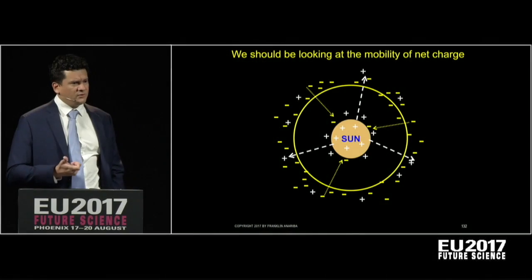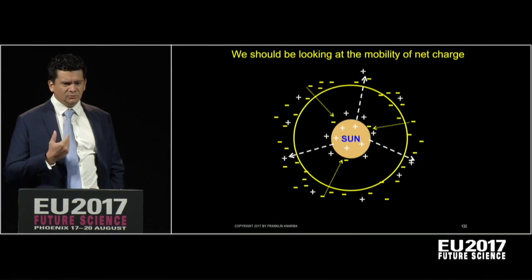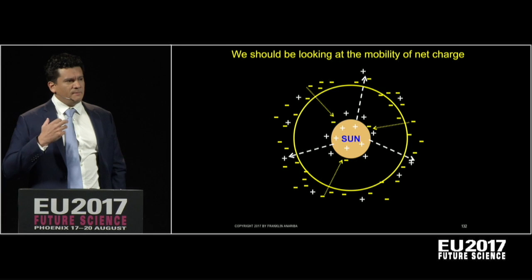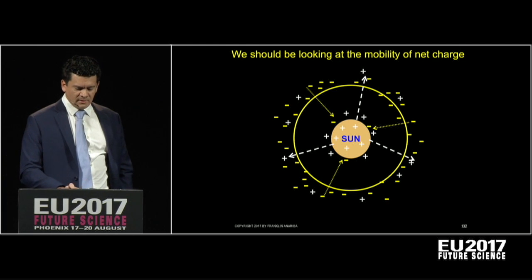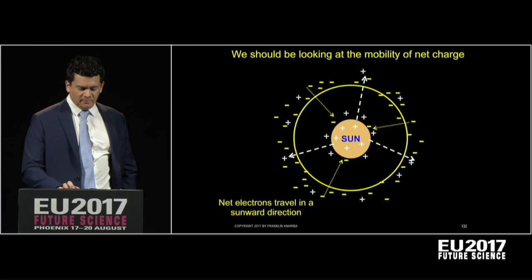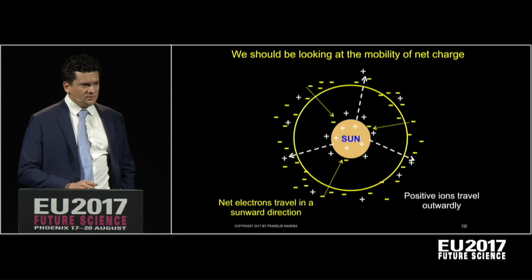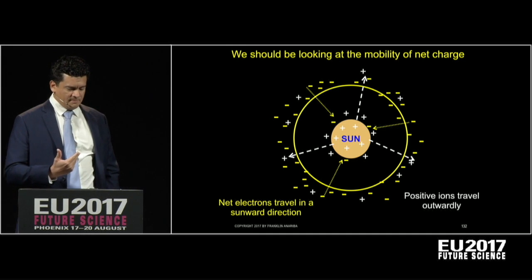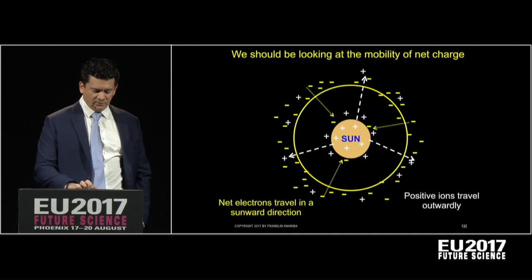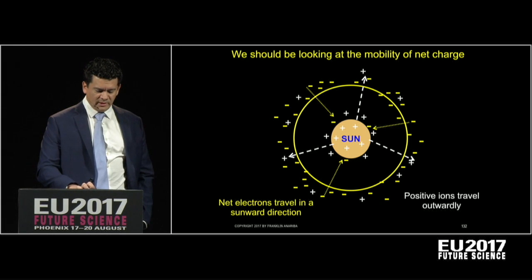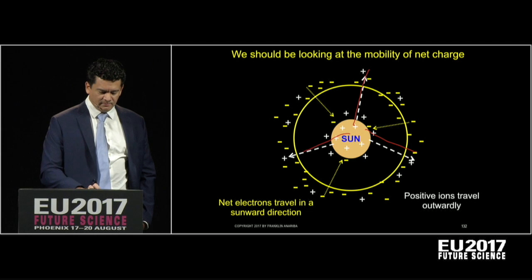And what I want to highlight, and I think I'm mentioning this for the 3rd time, is that if this model is correct, what we should be able to see is that the net motion of positive and negative ions should be such that the positive ions will go from the sun in a radial form upwards in this form.